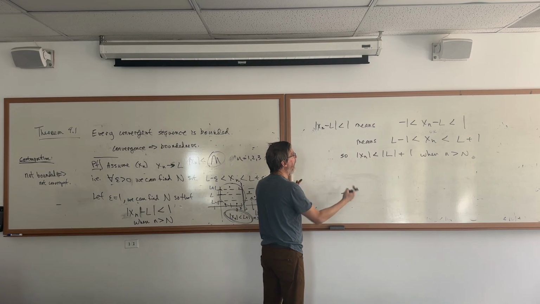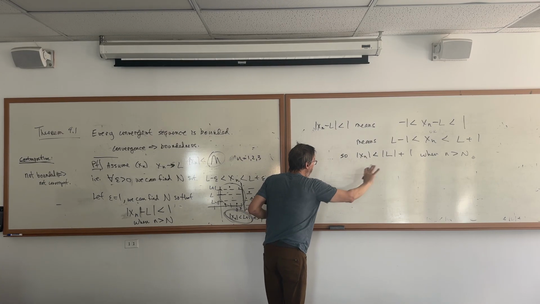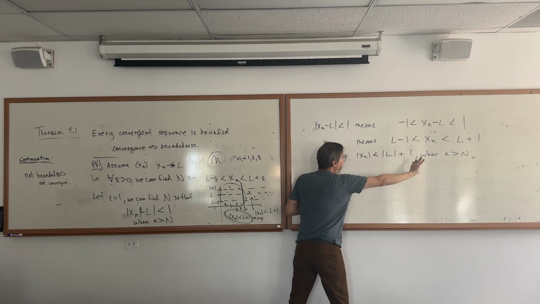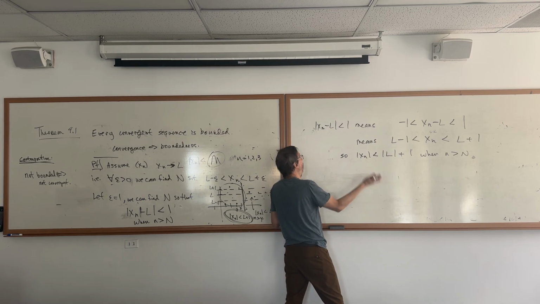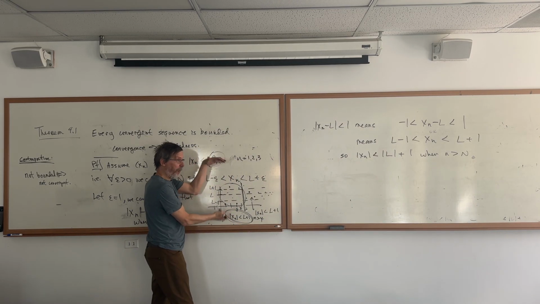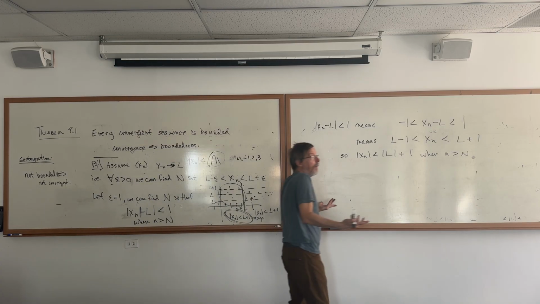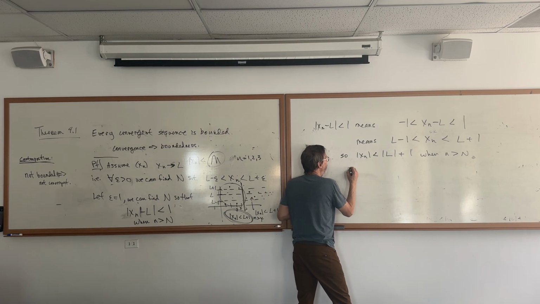So now we've got all the stuff covered past big N, but there's these other elements. There's these guys that came before that. And so we're going to write their absolute value out.